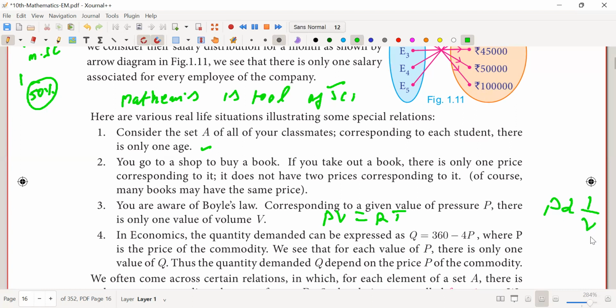If pressure increases, volume decreases. Consider a balloon, a hanging balloon. If I constrict this volume, pressure will increase. If I release it, pressure will decrease. That is Boyle's law. Definitely, you have to know all these things.